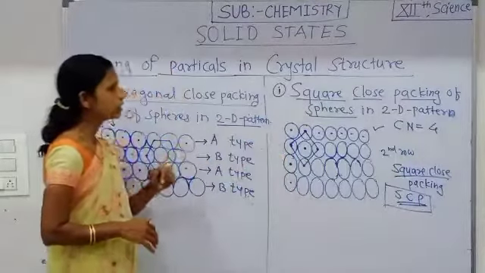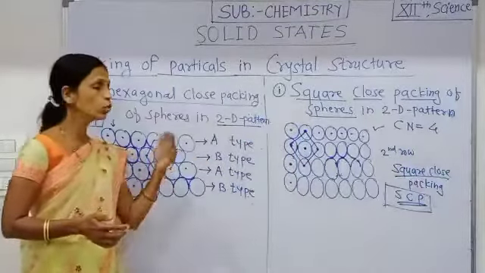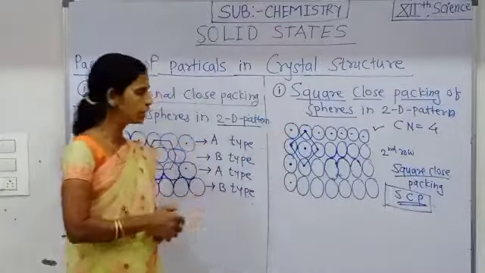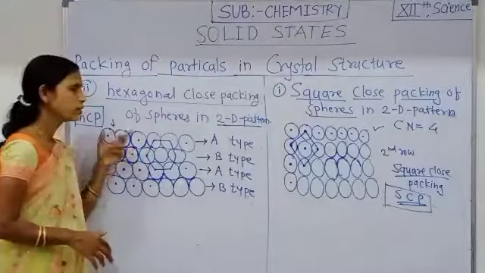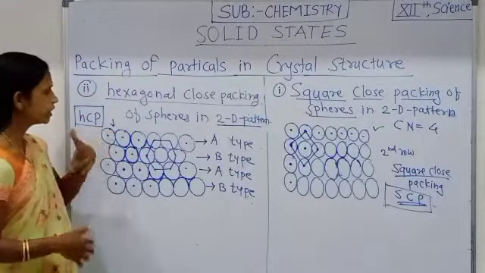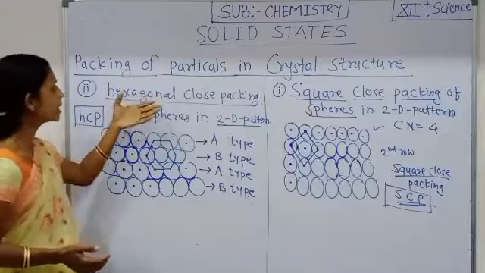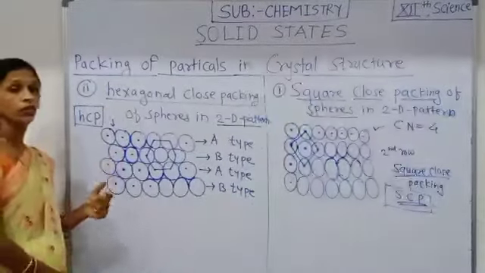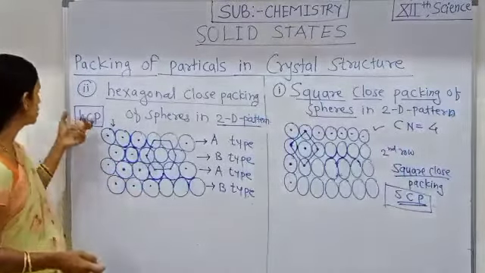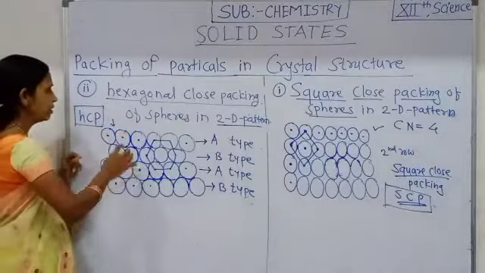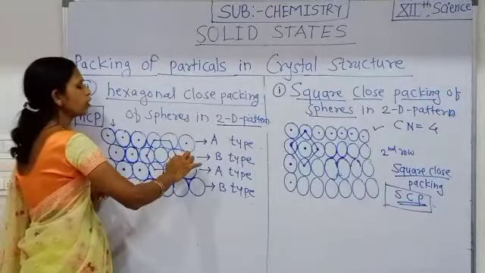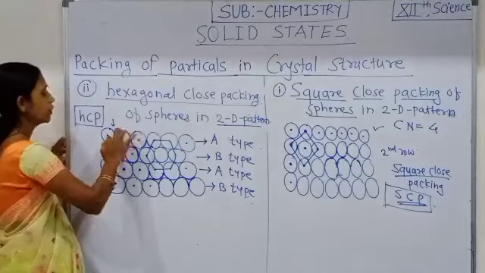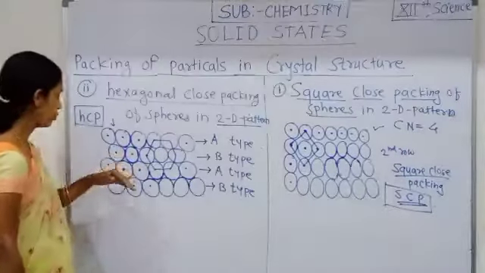Then we can arrange the spheres in the rows by one more method, which results in the formation of hexagonal close packing of spheres in 2D pattern, that is HCP, when the spheres in the second row are arranged in the depressions of the spheres of the first row.